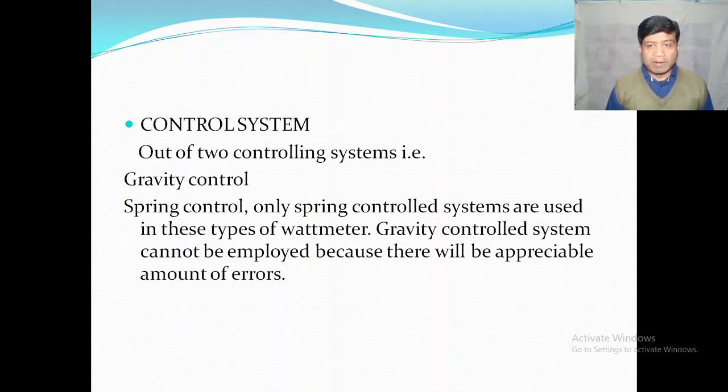It could be either gravity control system or the spring control system. Here in this case we will be using the spring control system. It is a hair-like spring made up of phosphor bronze, and it is employed to bring back the needle to its original position.